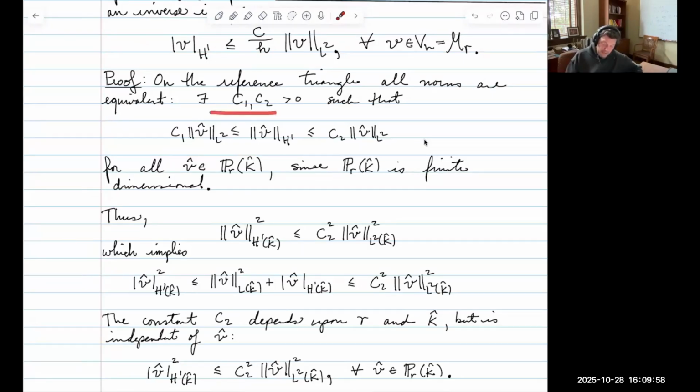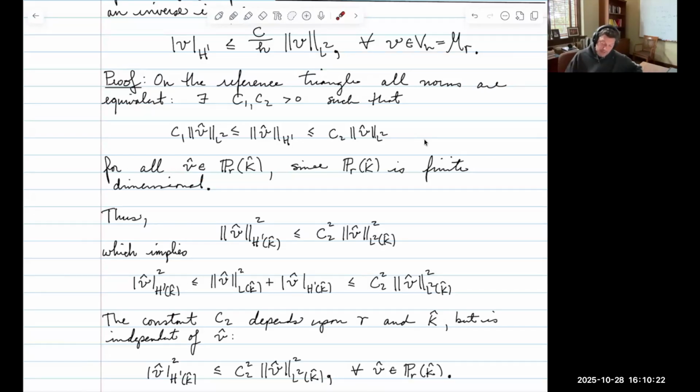There exist a C1 and C2 such that the H1 norm, the full norm, and the L2 norm are equivalent. That means there's a C1 and C2 such that this inequality holds. Why is that true? What's true if I apply it to V hat, where V hat is a polynomial of degree R on the reference triangle?